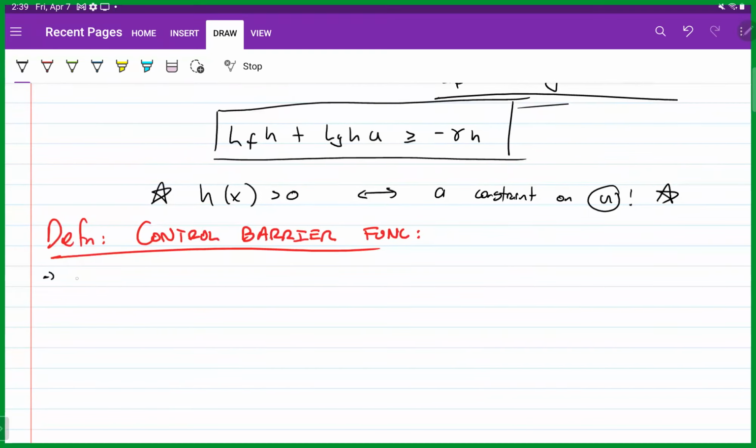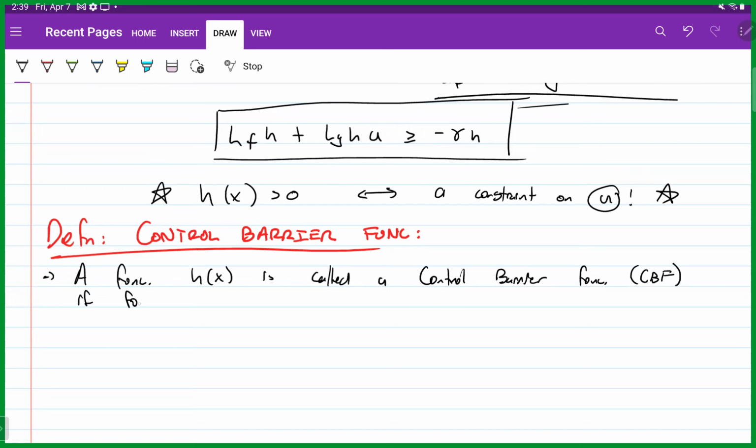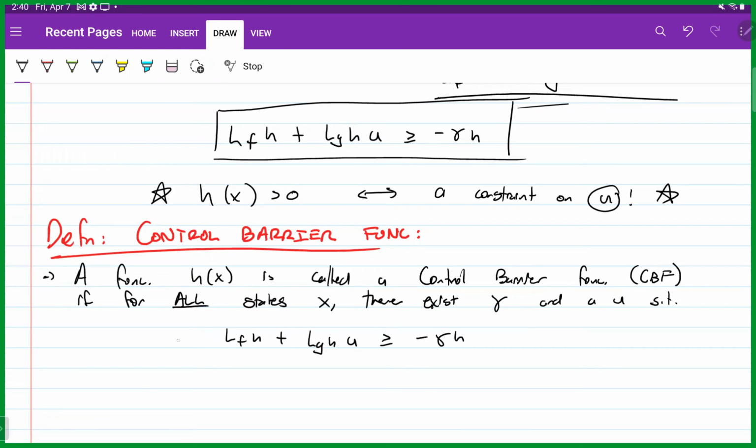So, a function h of x is called a CBF, a control barrier function, or CBF, if for all states x, there exists a gamma and a u such that LFH plus LGH times u is greater than or equal to minus gamma times h.